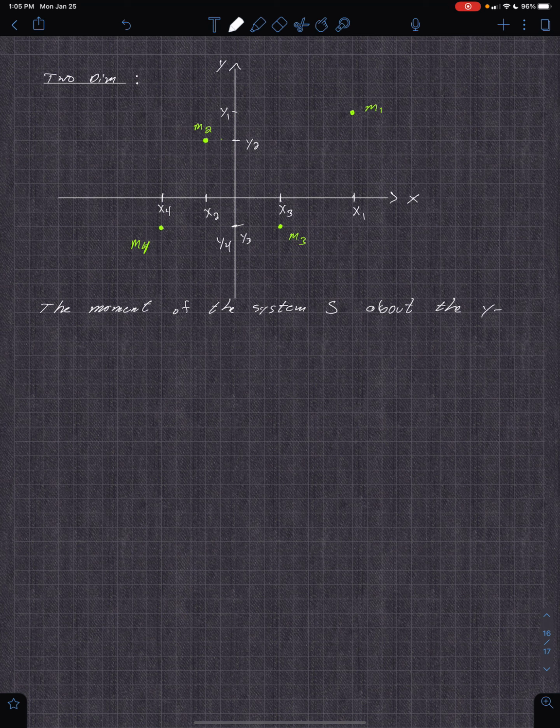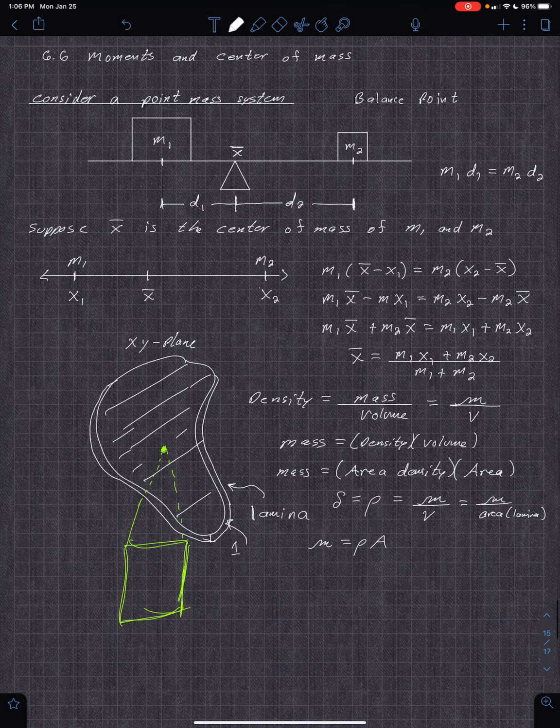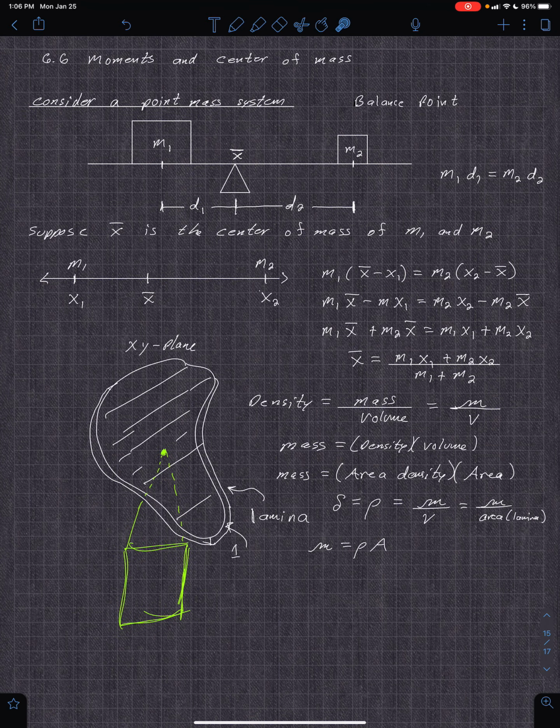Moment about the y-axis, we say My is equal to the sum of that product from back here. We're basically going around this y-axis. So the moment is this same calculation, essentially. It's the distance times the mass.